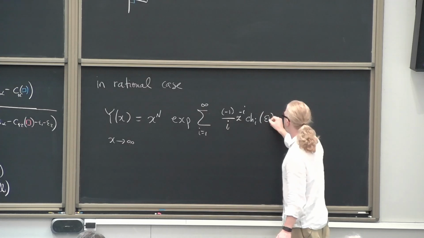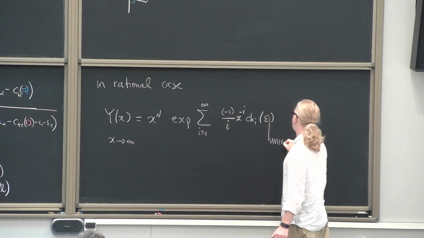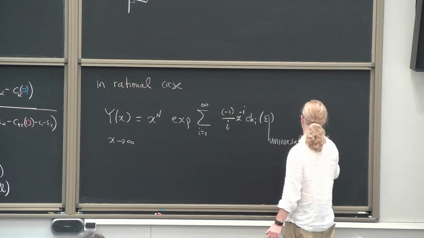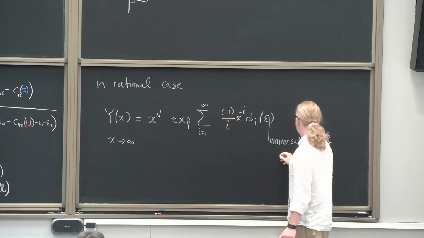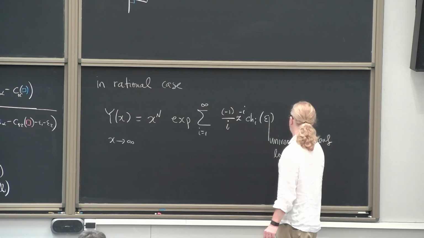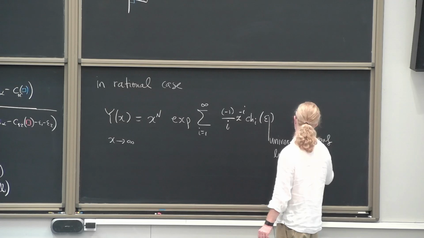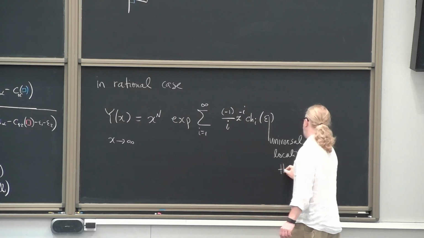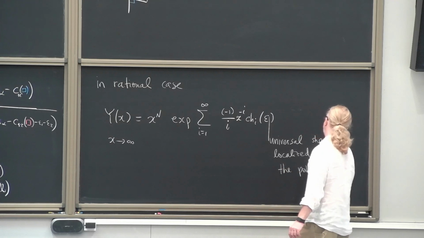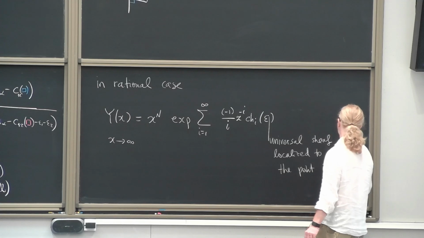This is the universal sheaf localized to the point 0 inside C2, which is P2 minus P1 infinity.